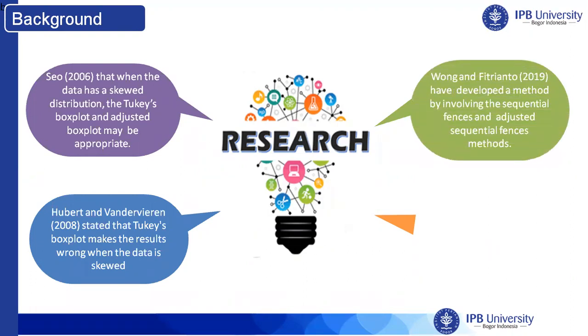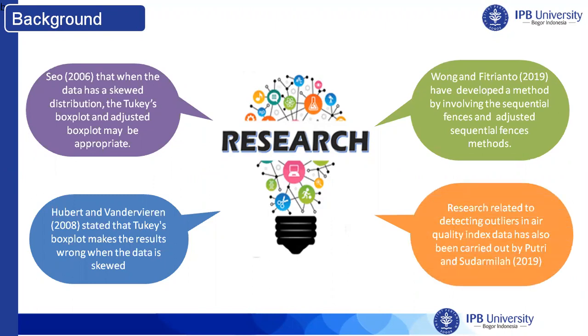Wong and Fitrianto 2019 have developed a method involving the sequential fences and adjusted sequential fences methods. And research about detecting outliers in air quality index data has also been carried out by Putri and Sudarmilah 2019.